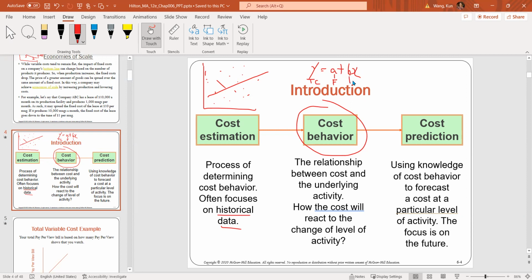And B is your variable cost per unit, because the variable cost varies with the volume of production.